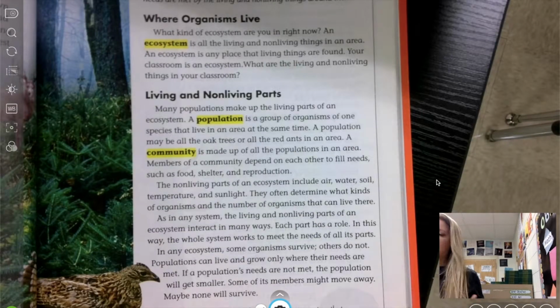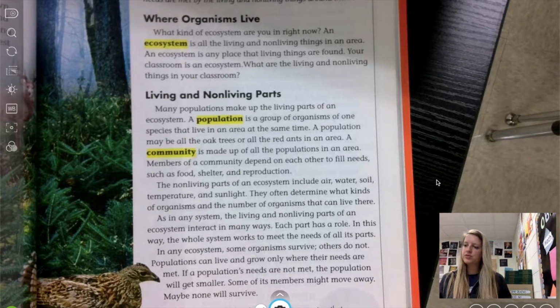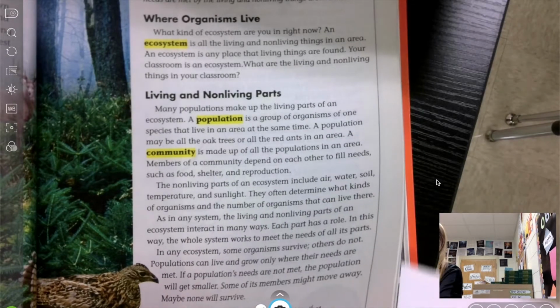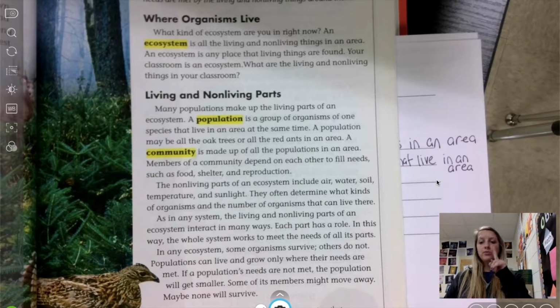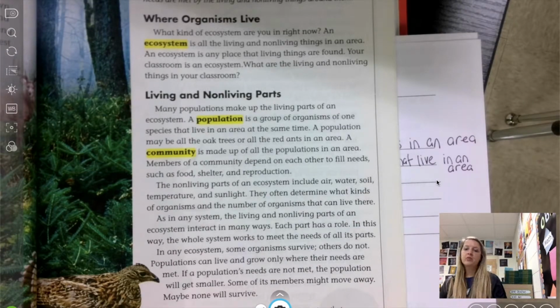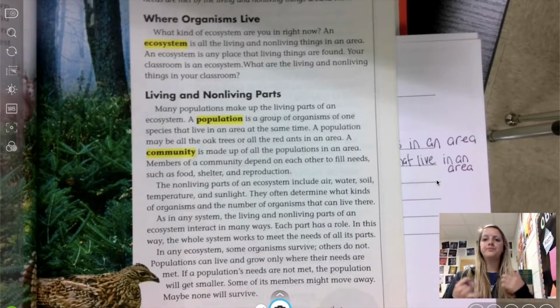All right. A population may be all the oak trees or all the red ants in an area. So if you look outside, generally, you're going to find that there's usually one type of tree, or if there are multiple, you're going to find a pattern of different trees. Or if you think about different animals, I know just around school, you would find the same type of bird.